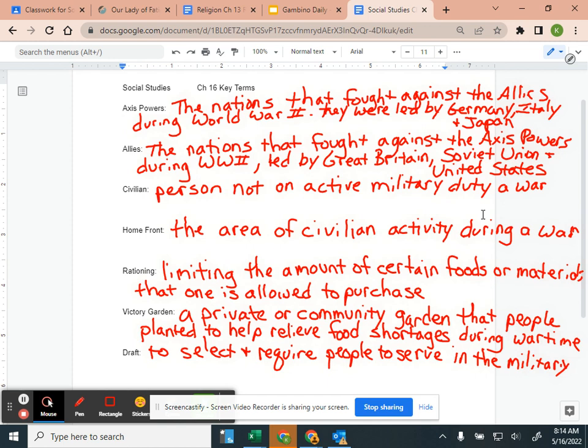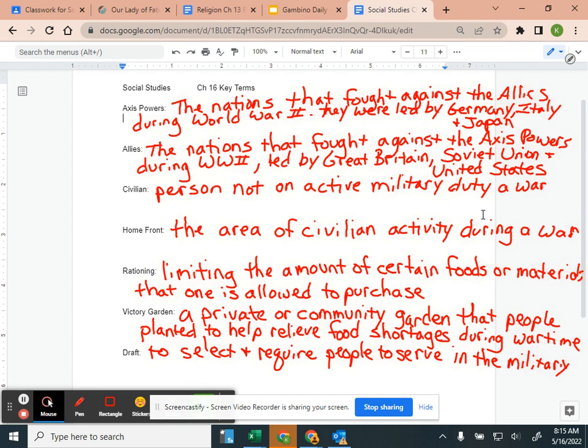Extent of the Axis control in Europe and North Africa, January of 1943. Oof. So if we look up at the map on top, you can see what the Axis powers countries were, how small that was. Then look down on the map that shows the extent of their control, how much they spread. So the Axis powers, Germany and Italy, invaded and controlled many countries in Europe and North Africa during World War II.